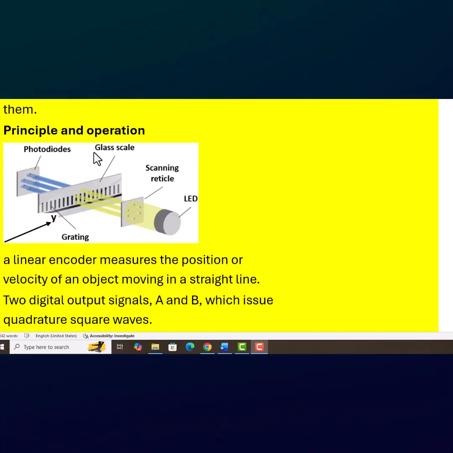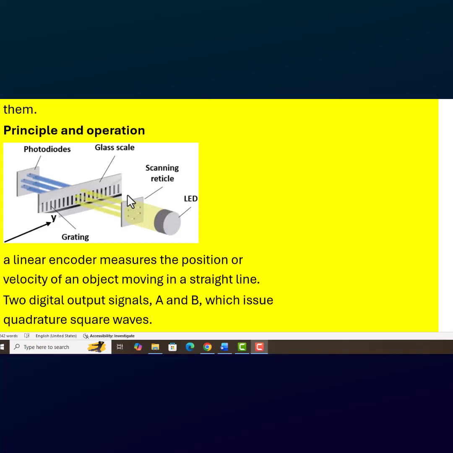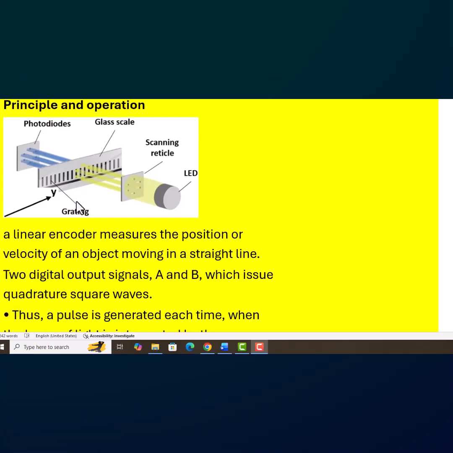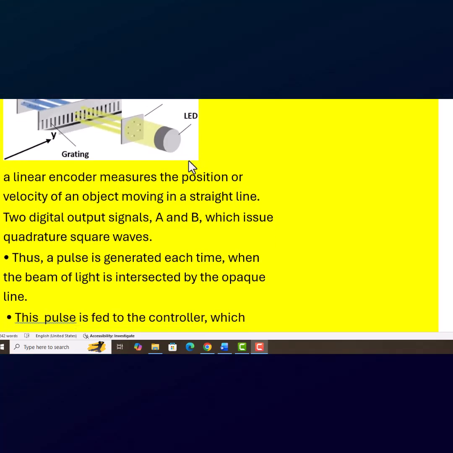There are two sets of photodiodes. One is called phase A set, the other is phase B. And similarly here two light sources will be present, and this is the scale. This scale is attached to the prismatic joint. When the prismatic joint moves, automatically the pulses will be produced.